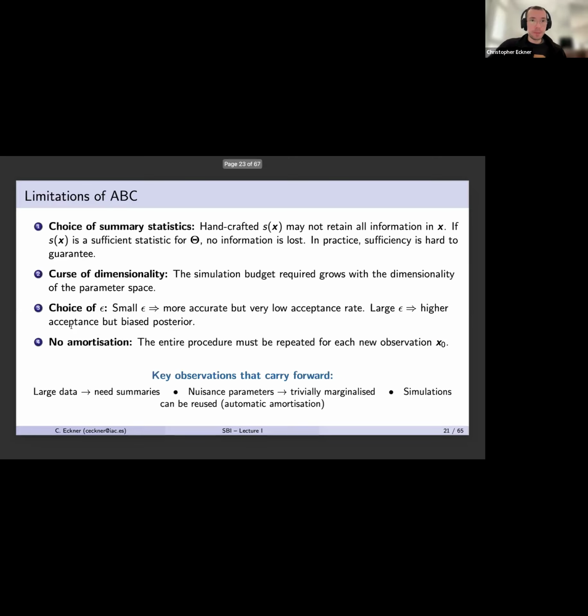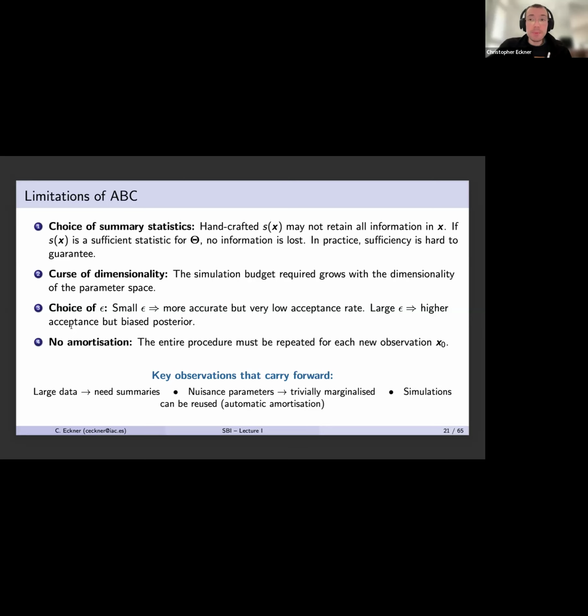So that's pretty straightforward, but there are these limitations. It depends very much on your handcrafted summary statistic. And your summary statistic will probably not be optimal because you will have to sacrifice some information that is in the data, which you could use to get narrow posterior distributions for your parameters.